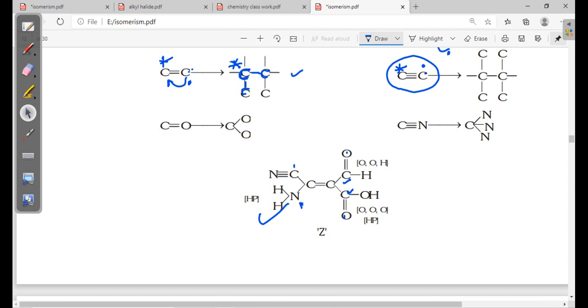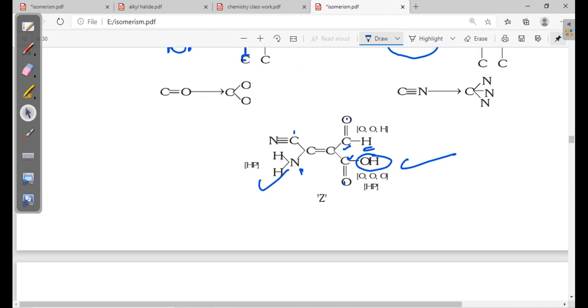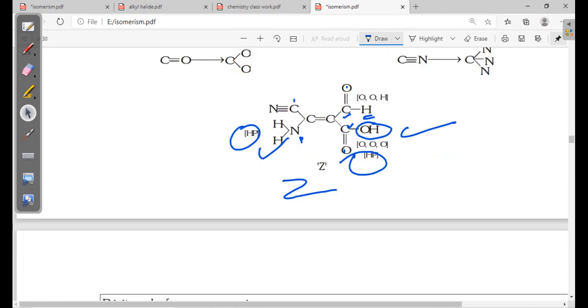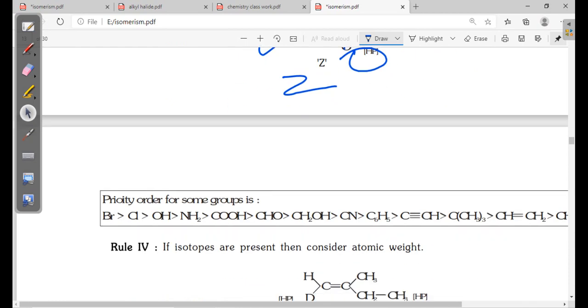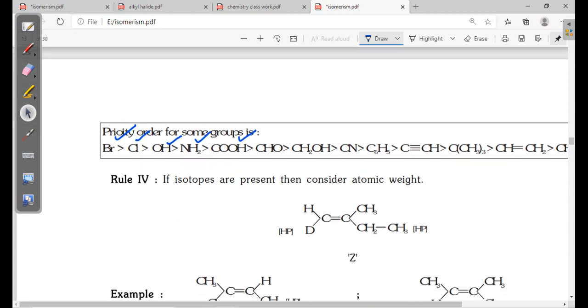Here only H is there, here OH is there, so this is the higher preference, right? Now higher preference and higher preference are on the same side, so Z. So this is the preference: by atomic number, bromine, then chlorine, OH, NH2, COH. How is it given? Based on the atomic number only.